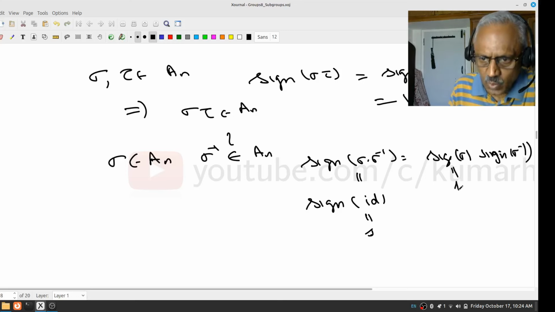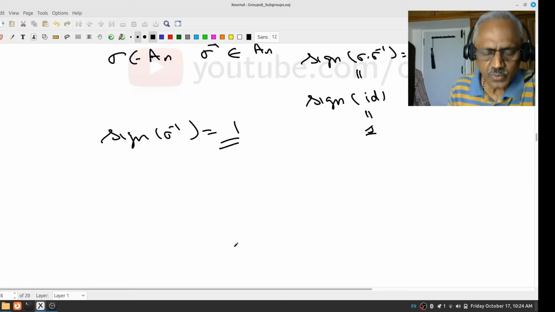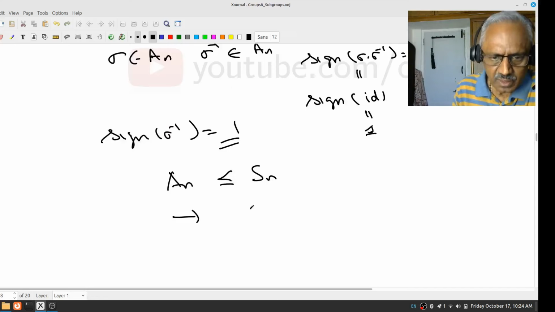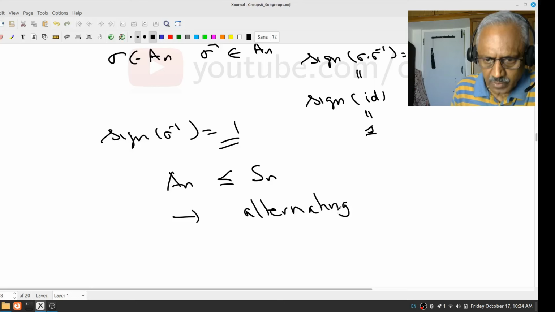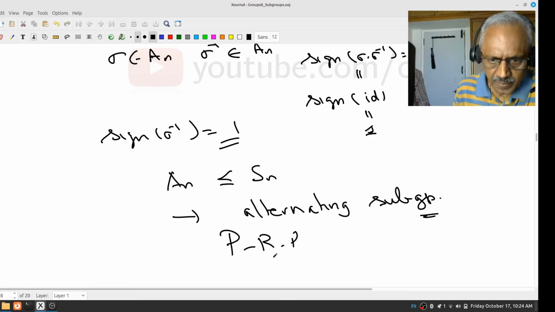Each is either plus 1 or minus 1, but the product is equal to 1. Therefore, we conclude sign of sigma inverse is 1. Therefore, An is a subgroup of Sn. This is called the alternating subgroup.